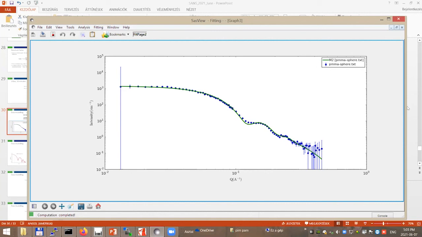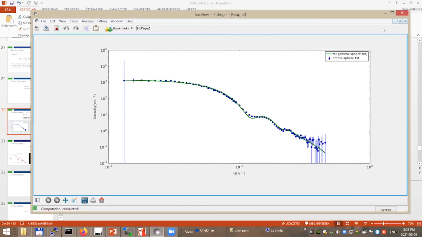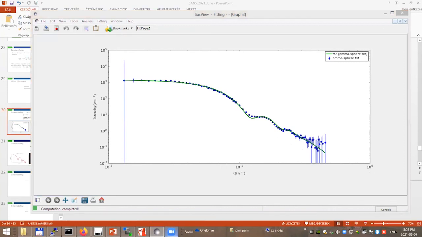So this is already acceptable as an outcome in many cases. So this was a short training on model fitting. I'm sorry if you couldn't do it all by yourself, but I think this was informative enough in this demonstration mode. Yes, it was good.